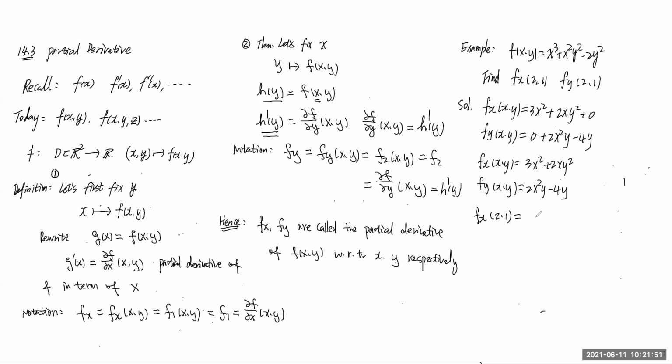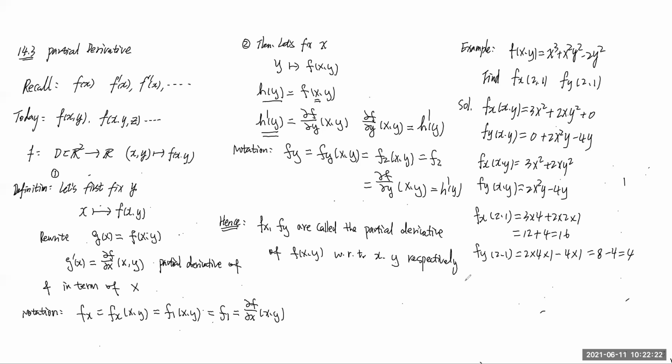For f_x(2,1), you just plug in this point: 3 multiplied by 4 plus 2 multiplied by 2 multiplied by 1, we get 12 plus 4, which is 16. For f_y(2,1), plug in this point: 2 multiplied by 4 multiplied by 1 is 8, minus 4 multiplied by 1, minus 4 is 4.